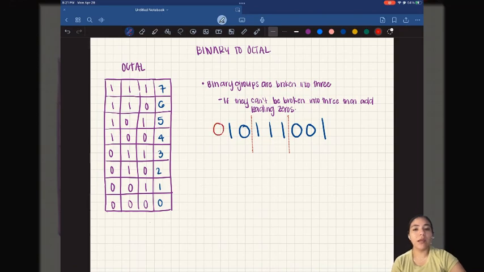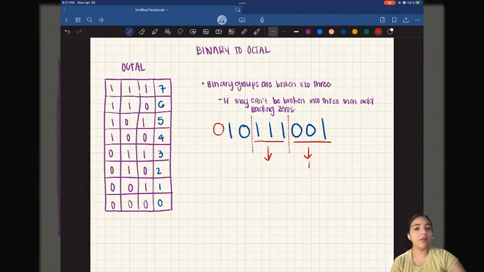So we were looking at this binary number, 101110001, and we want to break that into groups of 3. As you can tell, the group farthest to the left does not have that third digit. We can always add a leading 0. And we just want to match those 3 digits over to our octal table.